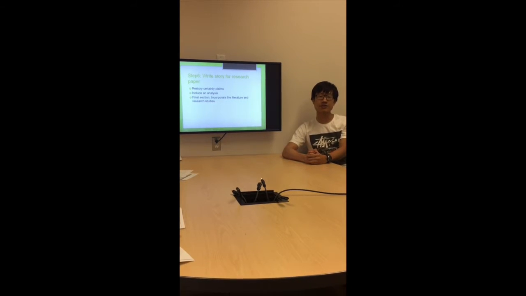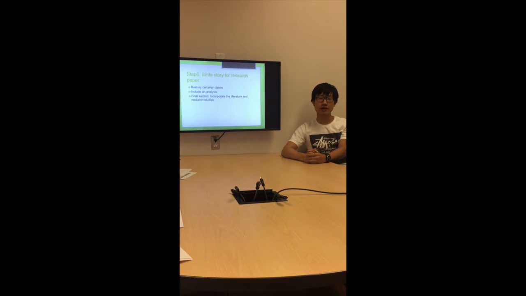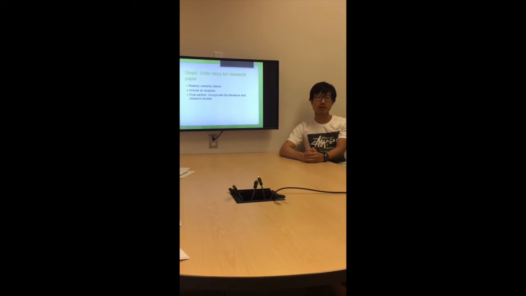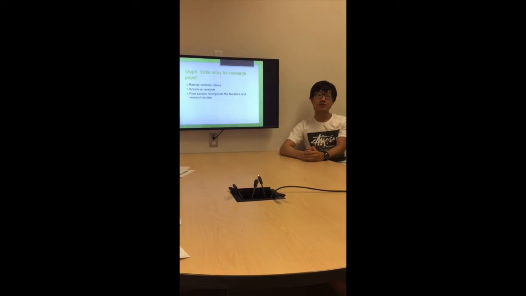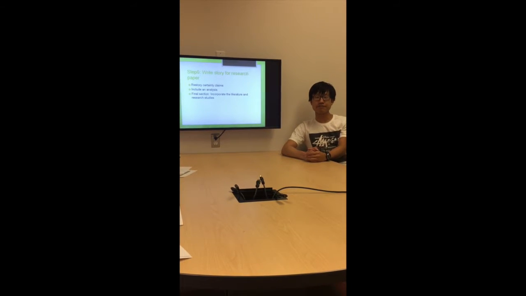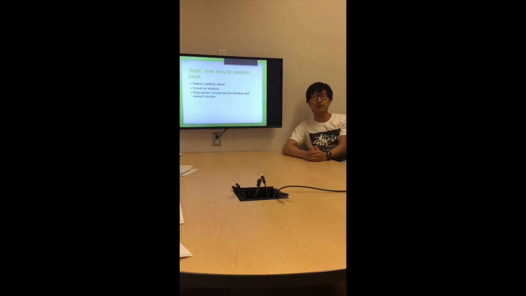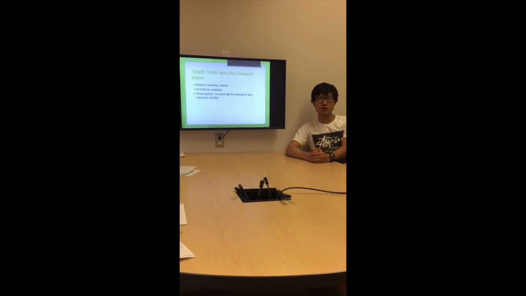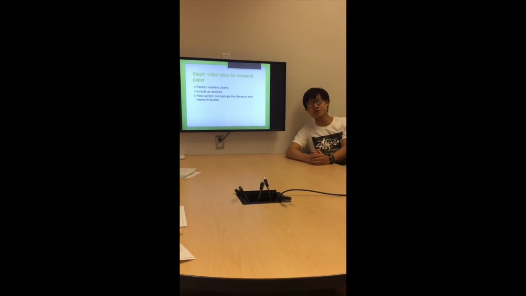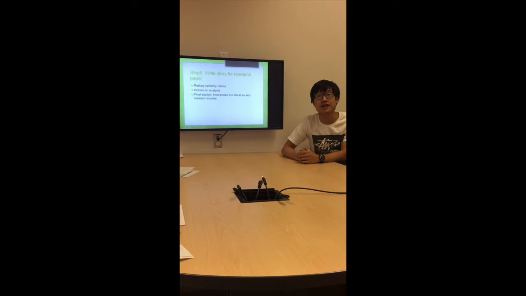In the final section, the researcher may incorporate the literature and research studies about the problem. This is to help readers know about narrative research, because usually readers are not familiar with narrative research. So we can also highlight the importance of narrative research in our paper.